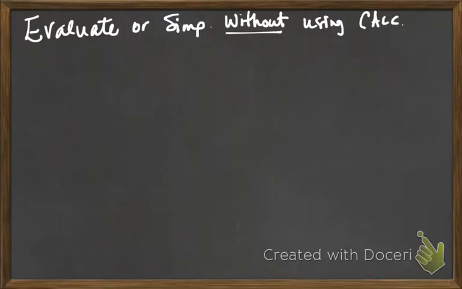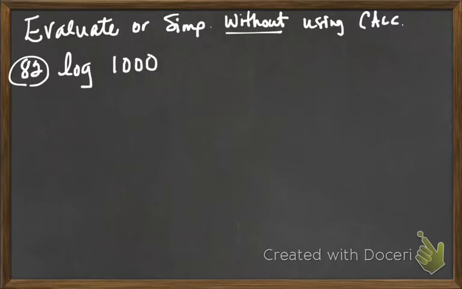Alright, so I have picked number 82. 82 says log 1,000. We've already talked about natural log. ln has an understood base of e, and what does log have an understood base of? 10.